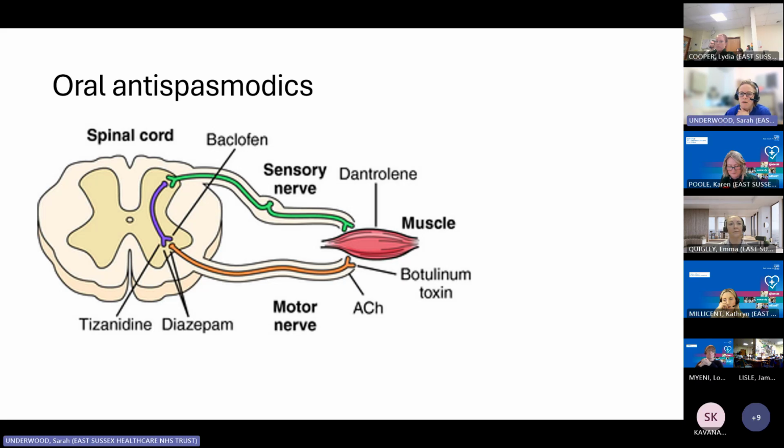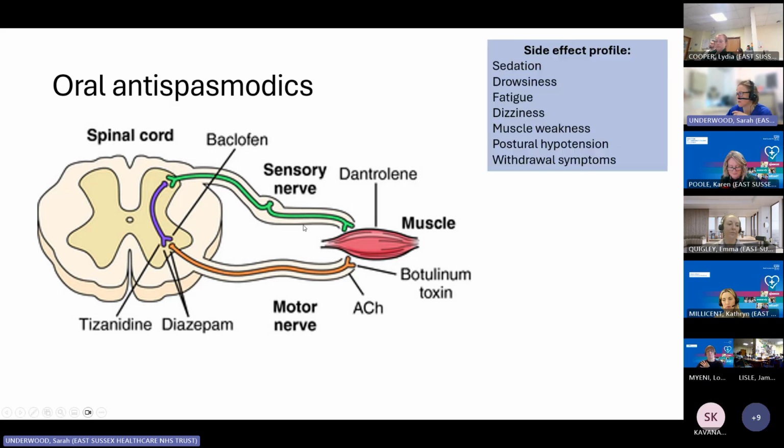As I said, they are all oral medications, and therefore they have systemic effects, and they also have side effects. And whether a patient is appropriate is a very patient-specific decision, depending on the severity, the risks, and also potentially your access to focal management. So this isn't an exhaustive list, but these are some of the common side effects to be mindful of when someone is started on an oral antispasmodic.